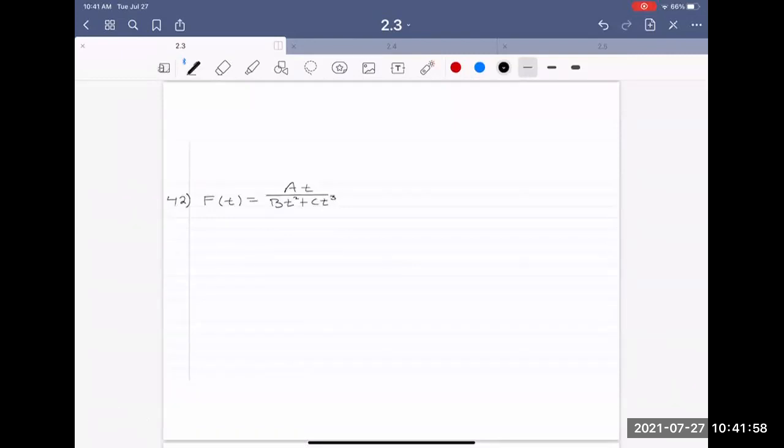Let me do problem 42. A times t over bt squared plus ct cubed. What's the first thing I should do? Simplify it. Simplify first. So let's simplify first. Factor out a t. So the t's cancel.